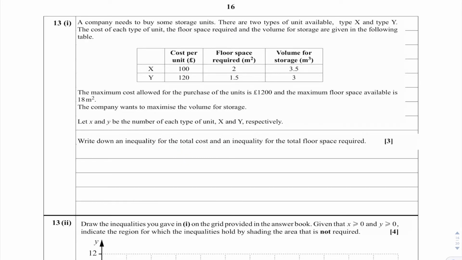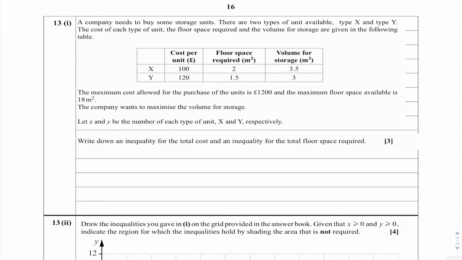Question 13.1. A company needed to buy 2 storage units. There are 2 types of units available, type X and type Y. The cost of each unit, the floor space required, and the volume of storage are given in the following table. The maximum cost allowed for the purchase of the units is £1,200, and the maximum floor space available is 18 meters squared.